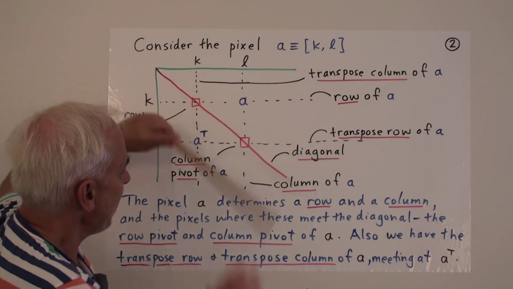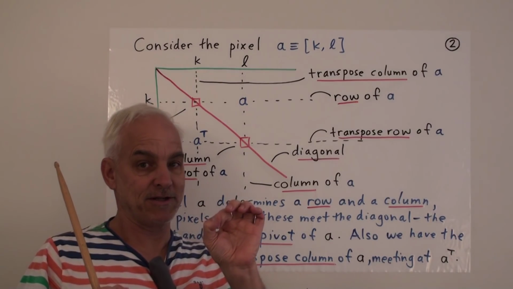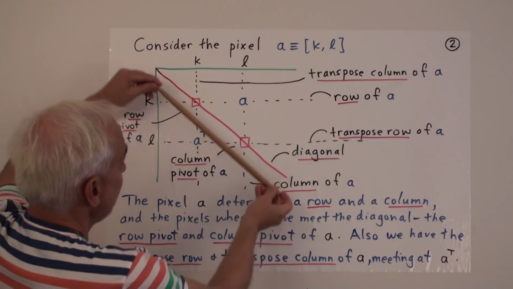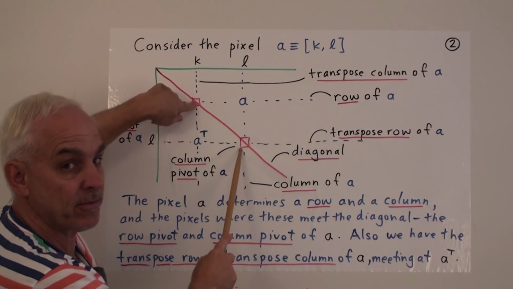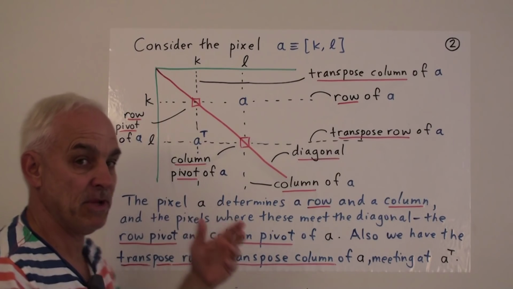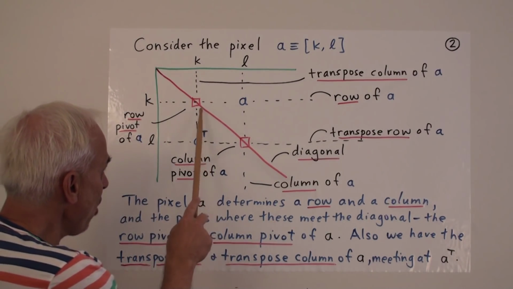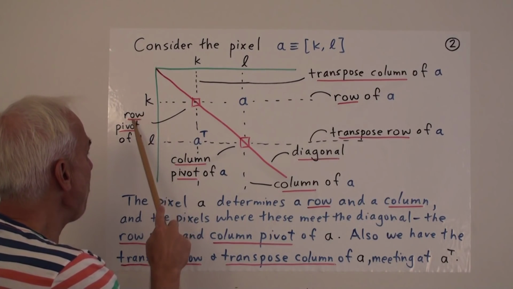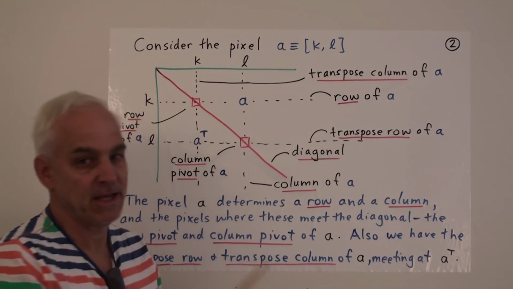This row and this column of A determine two additional points because they meet the diagonal in two additional points, which might coincide with A if A happens to be on the diagonal, for example. We're going to call this point here the row pivot of A. So it's the place where the row of A meets the diagonal.